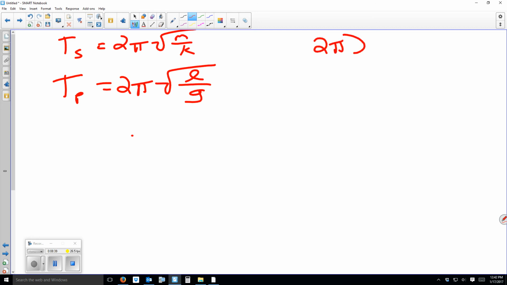If you just type in, let's say your T was 5, divided by 2 pi, what the calculator is doing is taking 5 divided by 2 and then multiplying it by pi, which is not what you want. Either do it as 2 separate steps, divide by 2, divide by pi, or make sure you put those parentheses.